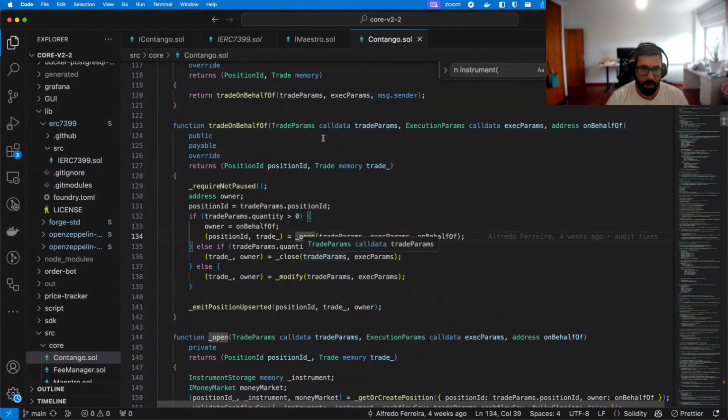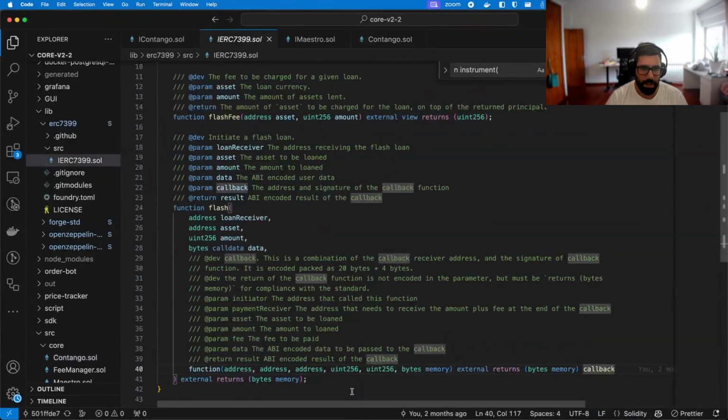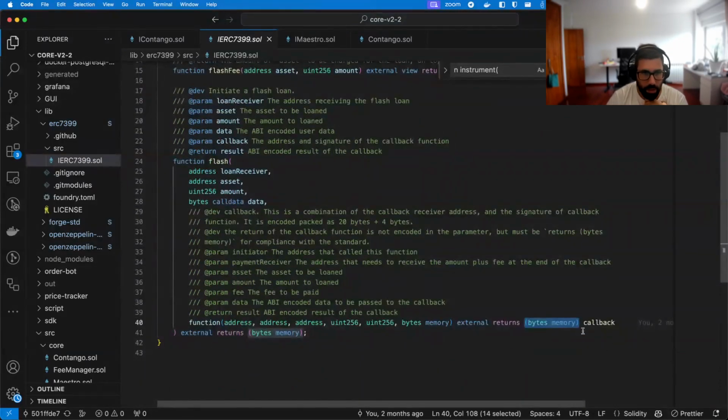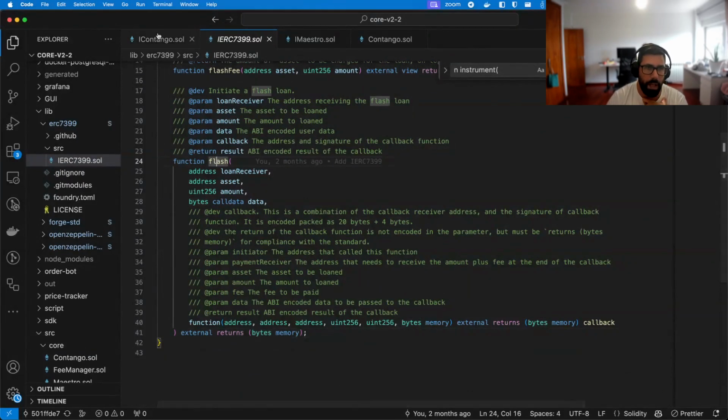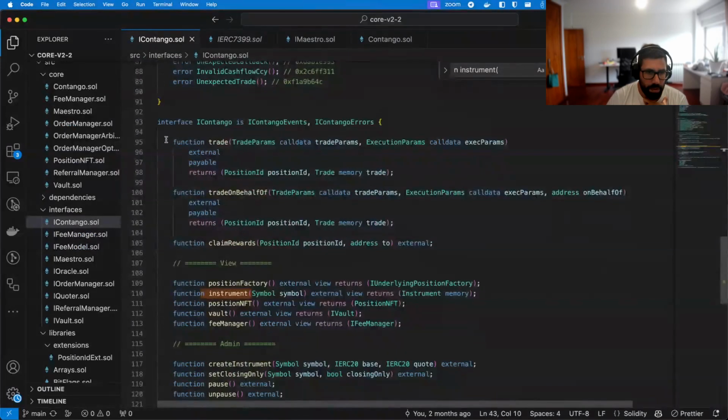And the second restriction that all flash loans have is that they don't allow the callback to return anything, which in our case we do allow: the callback can return some bytes, which are then passed down to the caller of the flash loan. This is very important because out of any trade, we want to return what happened with that trade.